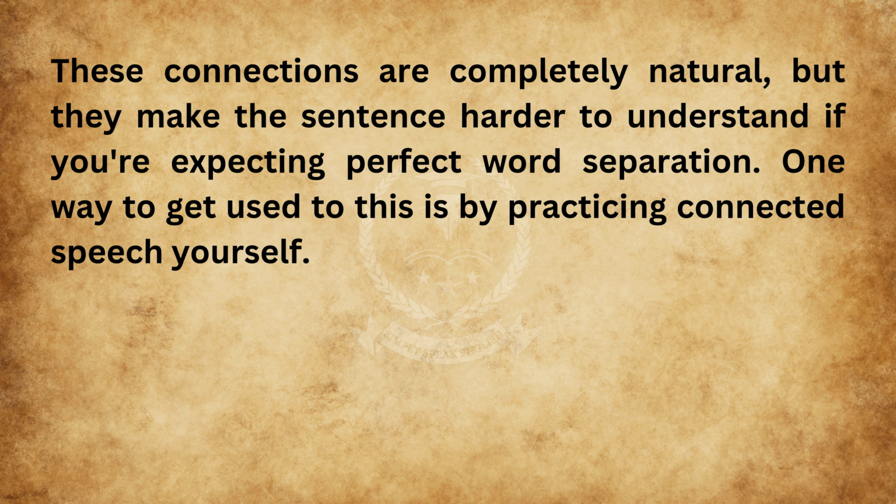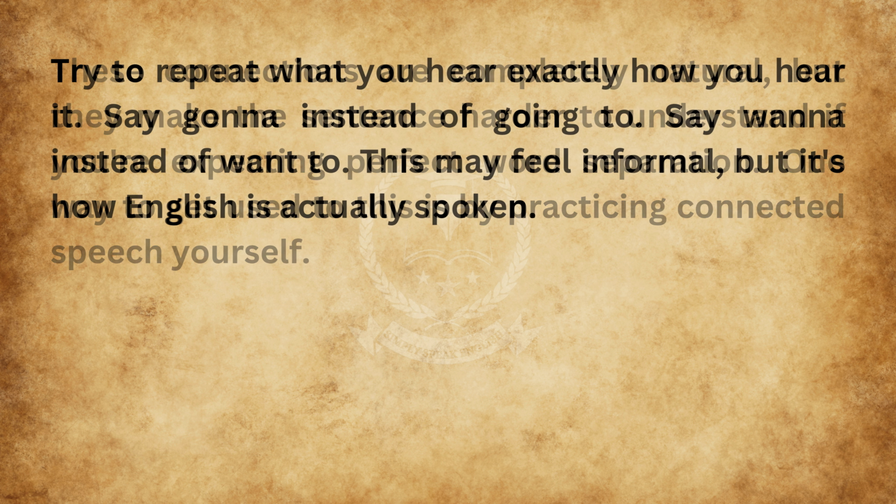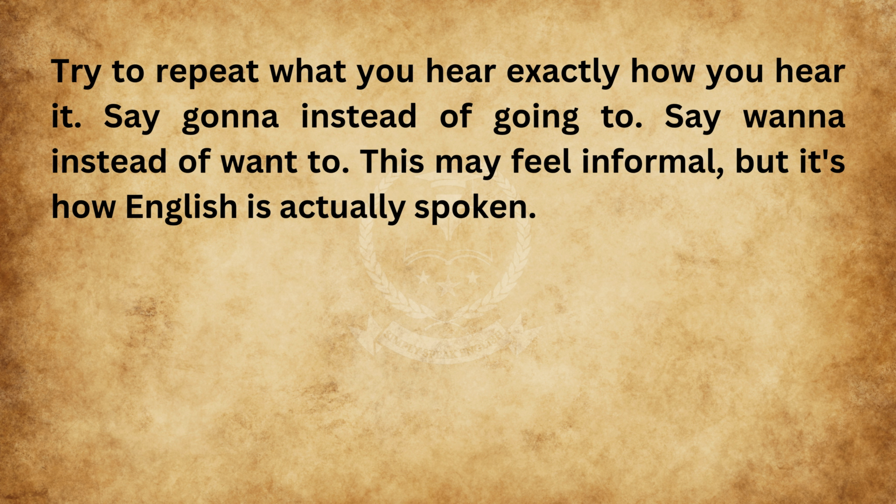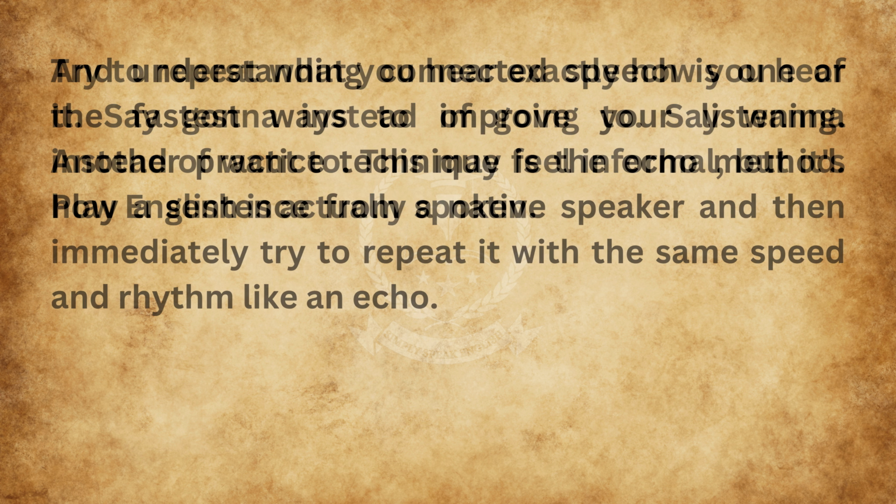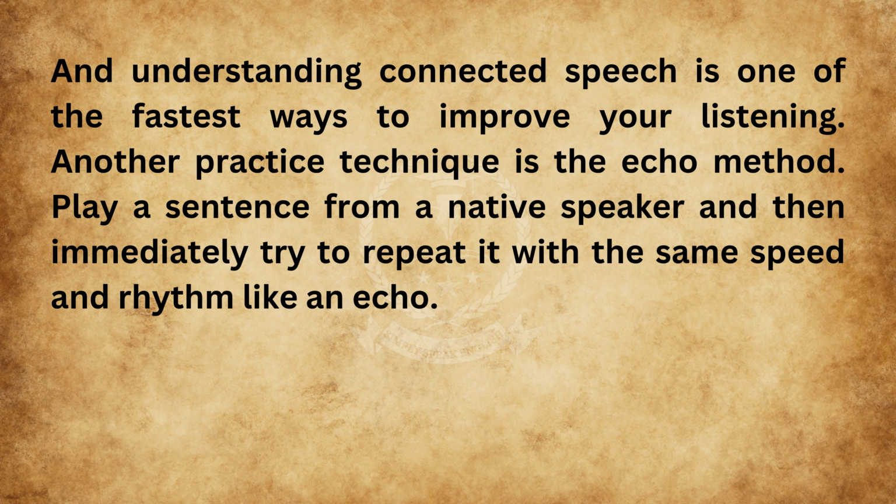One way to get used to this is by practicing connected speech yourself. Try to repeat what you hear exactly how you hear it. Say, gonna instead of going to. Say, wanna instead of want to. This may feel informal, but it's how English is actually spoken. And understanding connected speech is one of the fastest ways to improve your listening.